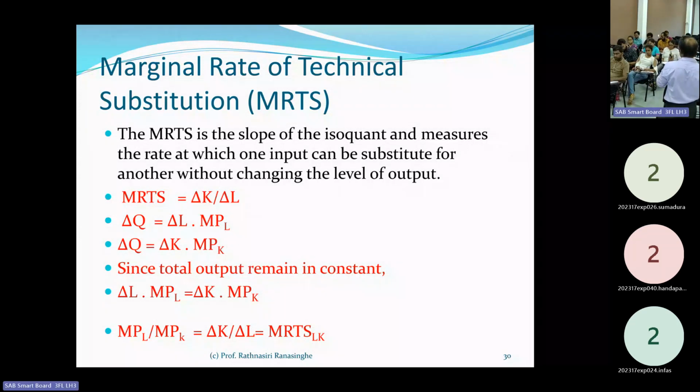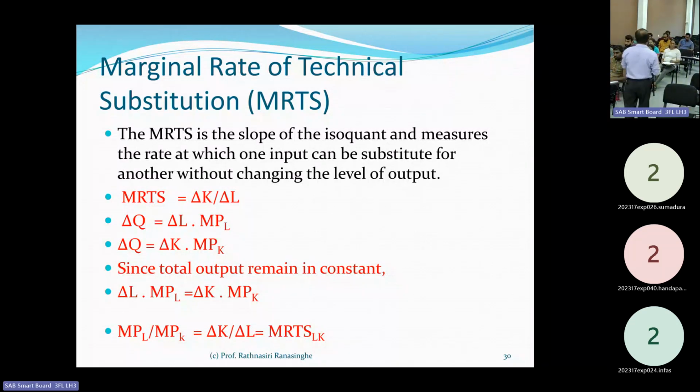By changing both labor and capital. In the isoquant, a change in output means a change in labor and capital. Change in labor plus change in capital equals the change in output, that is, delta Q equals delta L plus delta K.